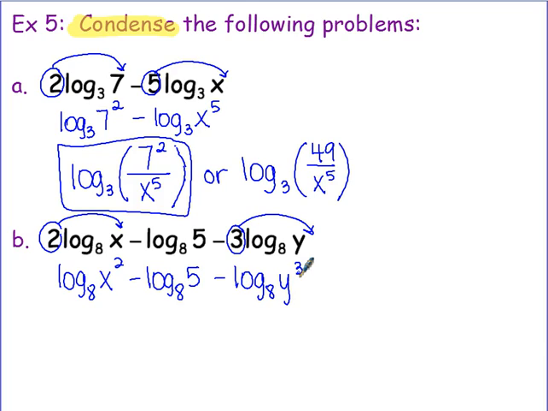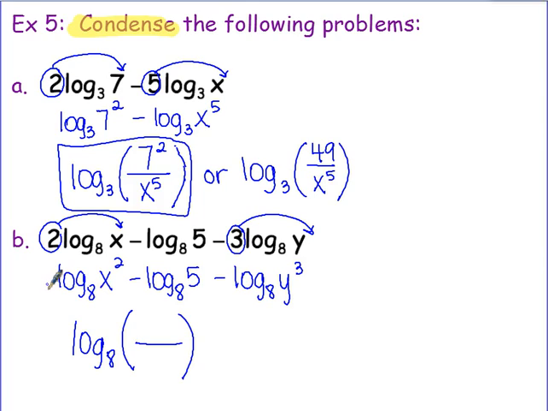So now we're going to squish it all back together. We're going to have one giant log with the base 8, parentheses. Because we see subtraction, we're going to put a fraction bar. Positive logs go on top, negative logs go on the bottom. So this first log, is it positive or negative?